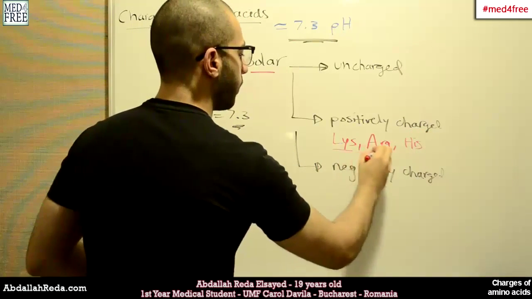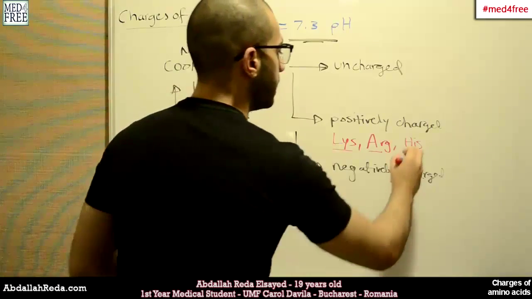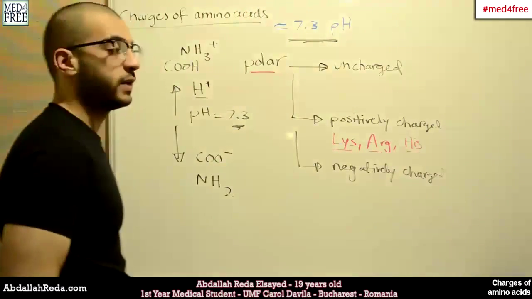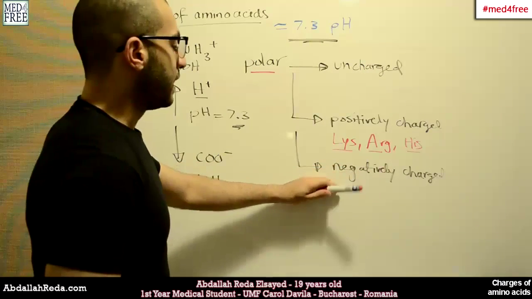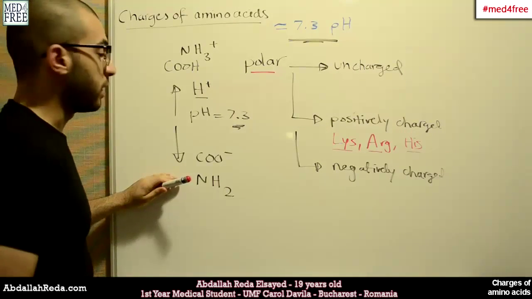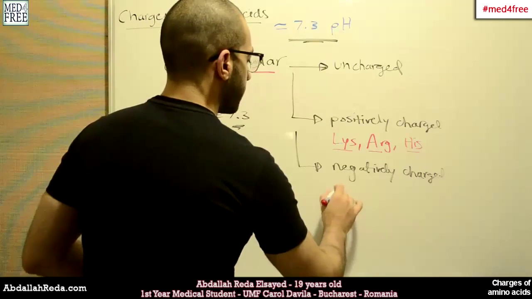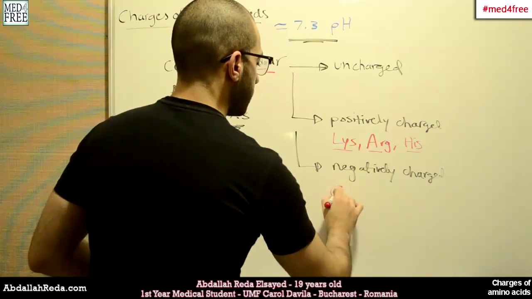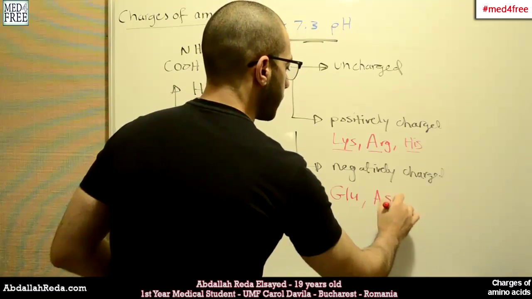Lysine and arginine have a pI of around 10, and histidine is around 7.58. For the negatively charged ones, we'll be talking about amino acids with a pI lower than 7.3, like glutamine and asparagine.